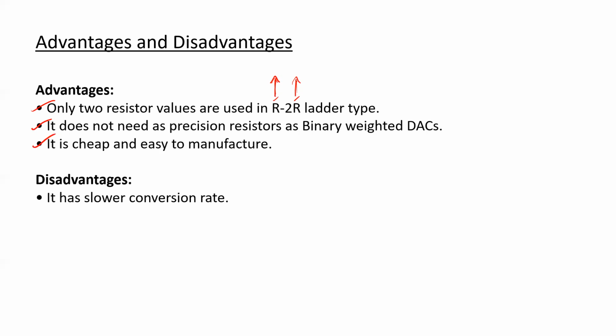And the disadvantage of this particular circuit, which is quite obvious for having a ladder network, is that the number of branches is supposed to increase with the number of bits. So the conversion process is supposed to be slower compared to the weighted resistor DAC. So that is the disadvantage of this particular type of DAC.